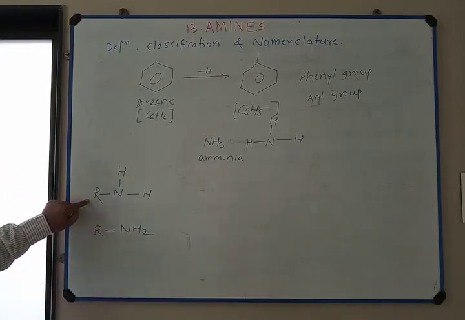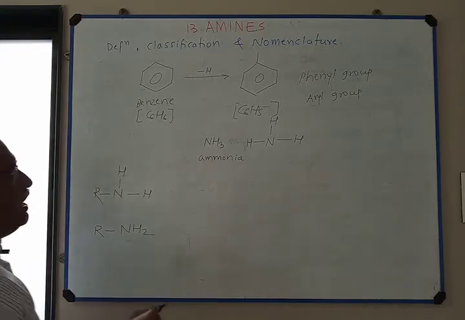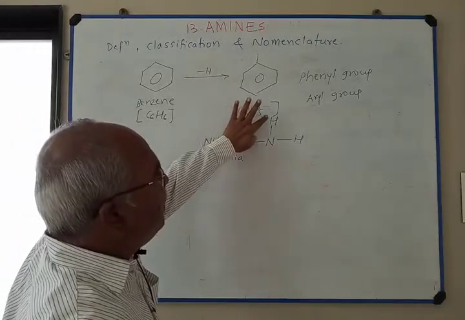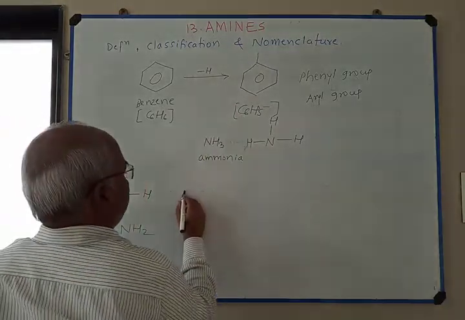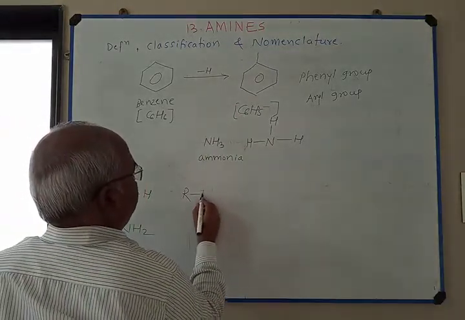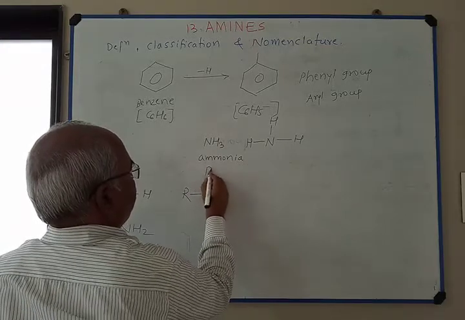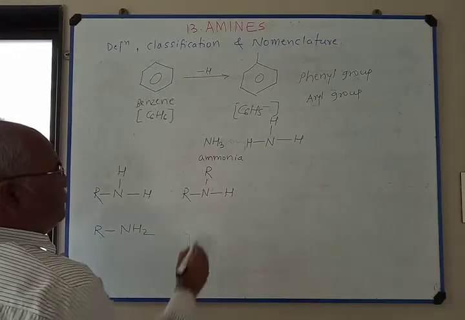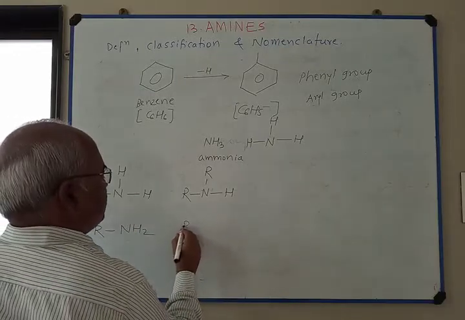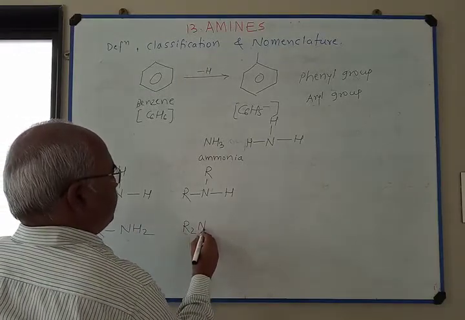R represents alkyl group. I remove two hydrogen atoms of ammonia and I replace it by two alkyl groups. The same compound can be written like this, R2NH.